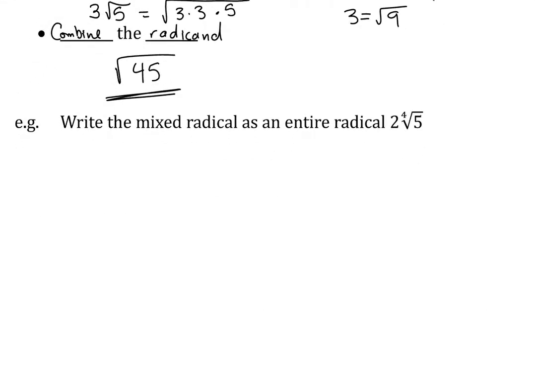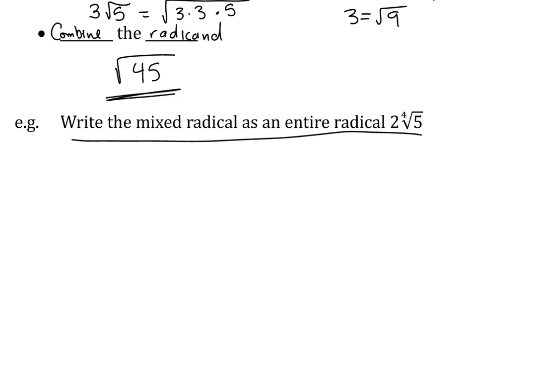What happens if I have a bit more of a spicy index? Let's try it out. This is actually a lot easier than going the other way, because we don't have to know what our perfect fourth numbers are. I can simply write the mixed radical as an entire radical.